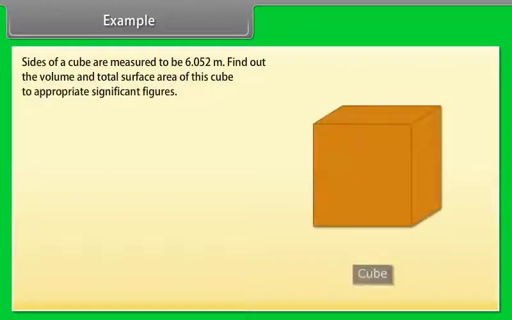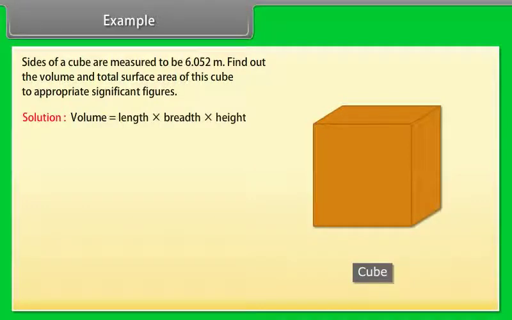Example. Let us take an example of significant figures. Sides of a cube are measured to be 6.052 meter. Find out the volume and total surface area of this cube to appropriate significant figures. Let us see the solution. Volume = length × breadth × height.